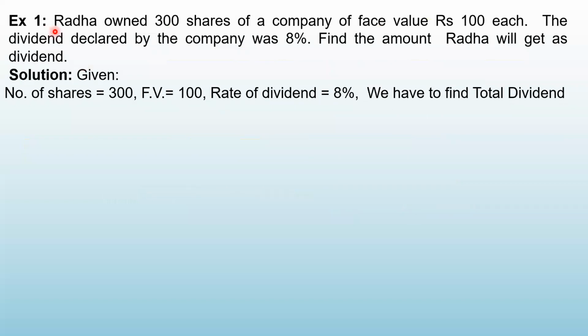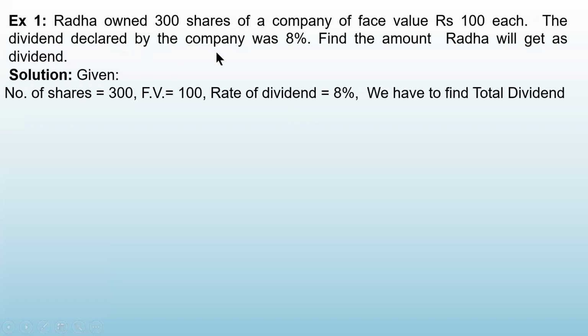Now I think this question we have solved in the last class. Once again we will do it. Read the question. Radha owned 300 shares of a company of face value rupees 100 each.